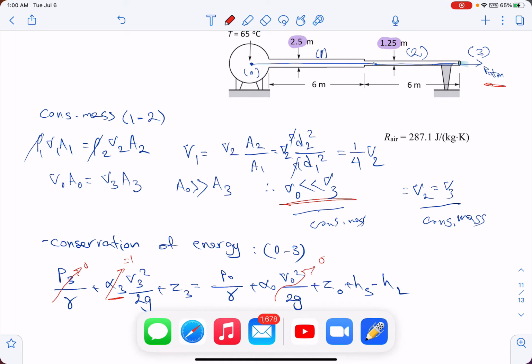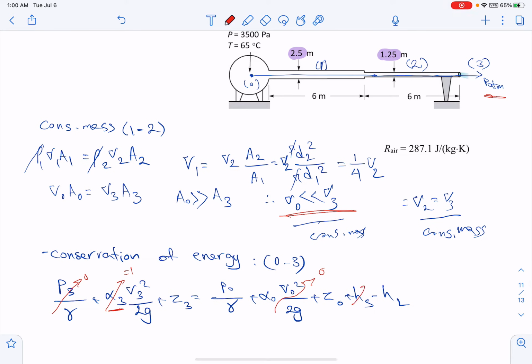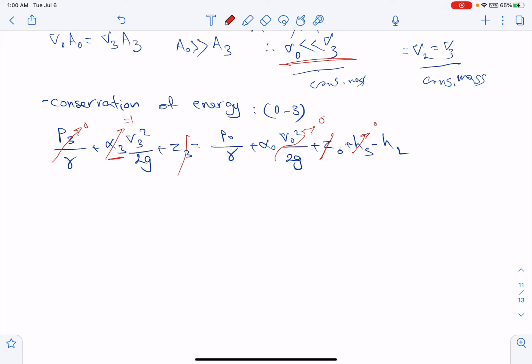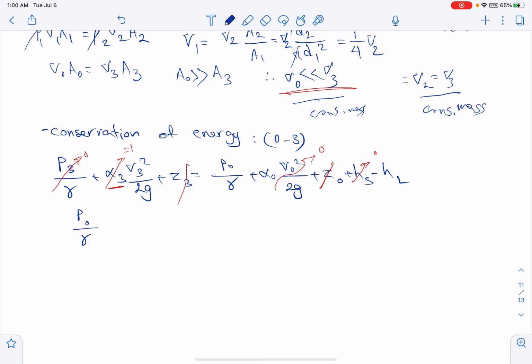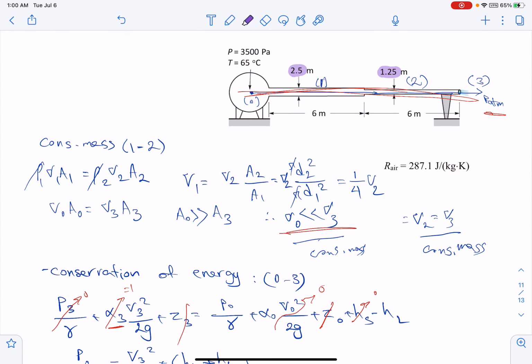The question also said that HS is negligible, and the pipe is at the same elevation, so Z3 and Z0 cancel. Let's write it in a way we can read better: P0 over gamma equals V3 squared over 2g plus HL1 plus HL2.